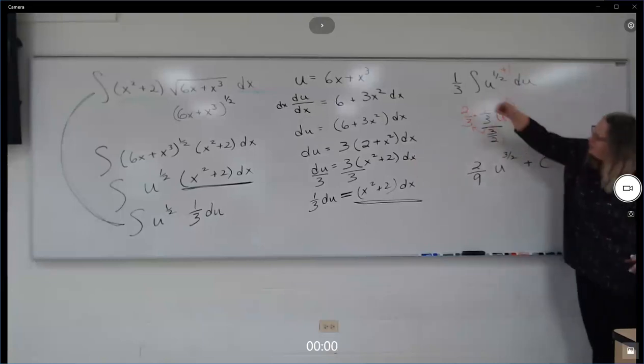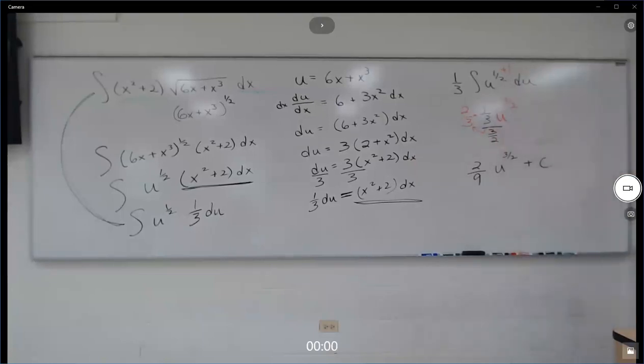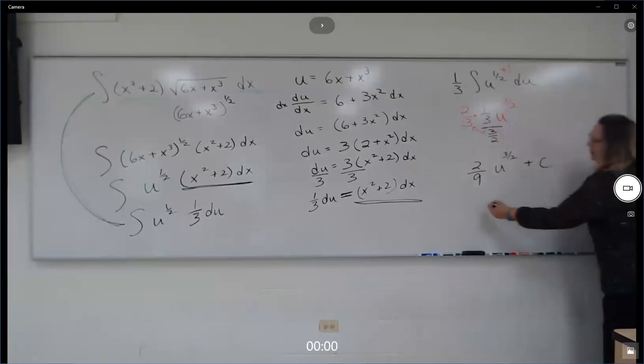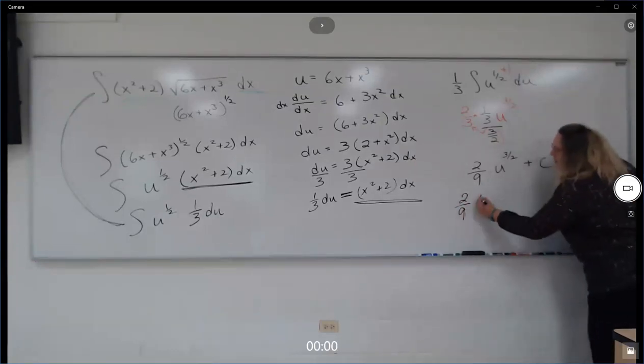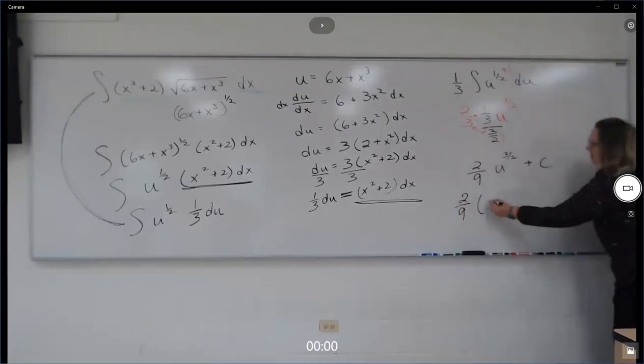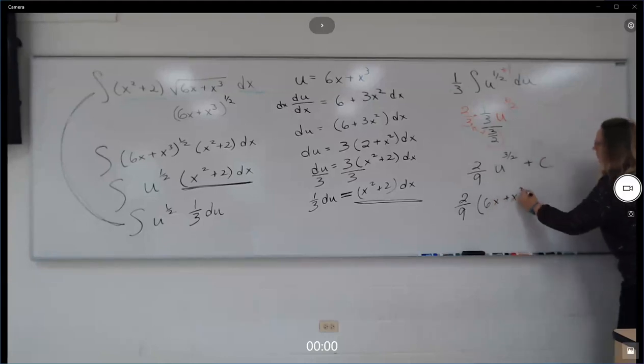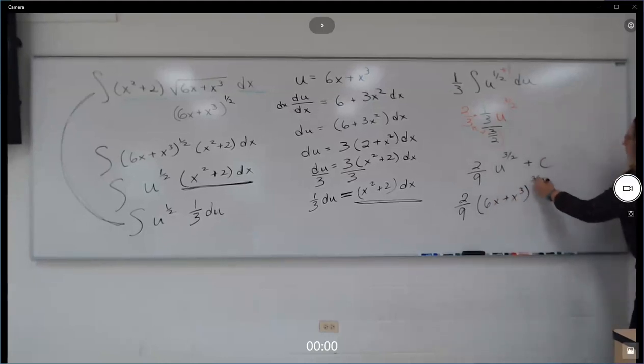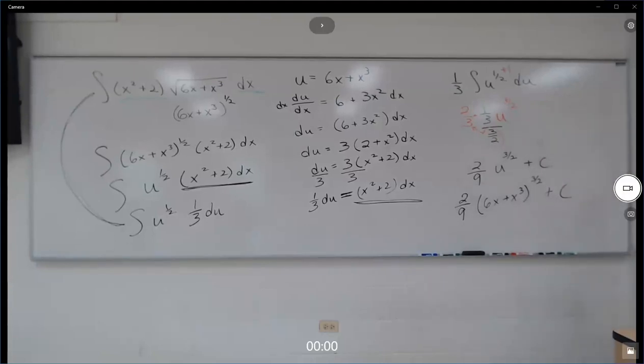We got fraction crazy stuff, so we're just going to multiply by the reciprocal, and then we just have to plug that back in. 2 9ths, u was 6x plus x to the third, to the 3/2. And then that equation will find us the area under the curve, the area under that original function.